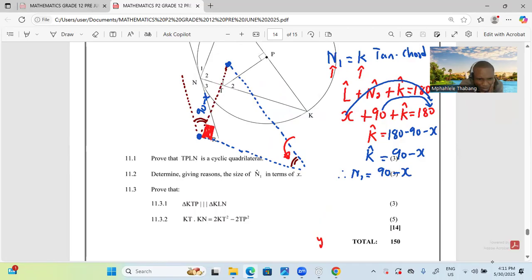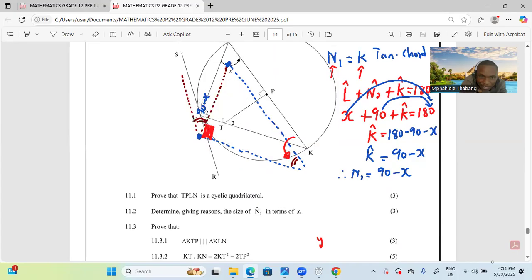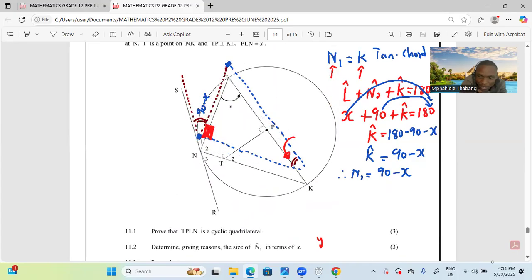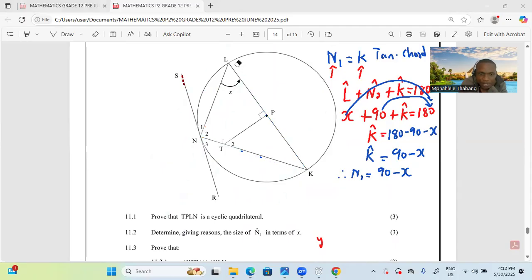Now they say we must prove, I'm reading 11.3.1, prove that the triangle KTP is similar to the triangle KLN. KTP is similar to KLN.